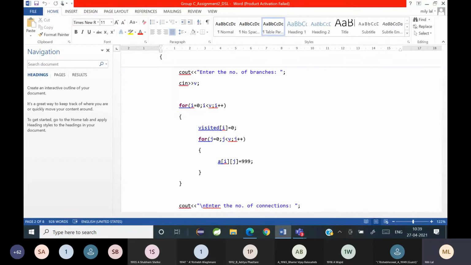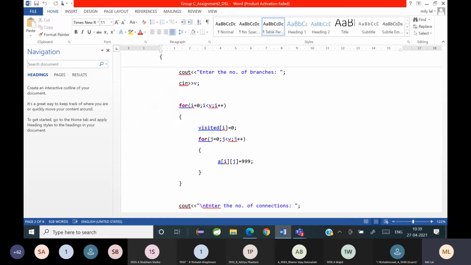Okay, like you can see, visited[i] equal to 0 is being assigned. So the visited flag is set to 0 for each vertex, and you can see the matrix is initialized to 999. Okay, because suppose a vertex is not connected to another vertex, the value that is going to be stored in the matrix is going to be infinity.